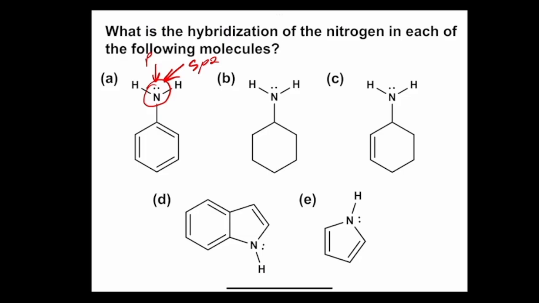Okay, next one, B. What is the hybridization of nitrogen? What orbital is that lone pair in? Nitrogen is, yeah, this is sp3. Lone pair is in what orbital? Yeah, it's in an sp3 hybrid orbital.